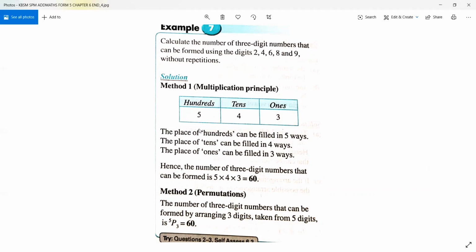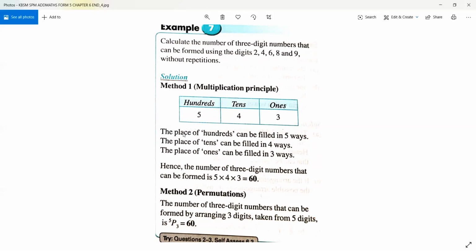We have 5 numbers. How many numbers can we put in the tens place? 4 numbers, because you have used 1 number in the hundreds place, so you're left with 4 numbers. Then you use another 1 number in the tens place, so you're left with 3 numbers for the ones.